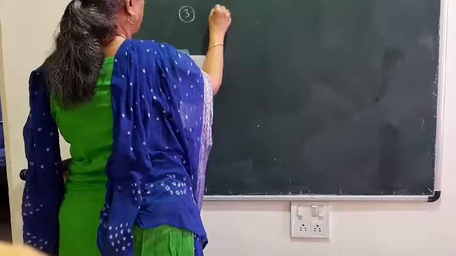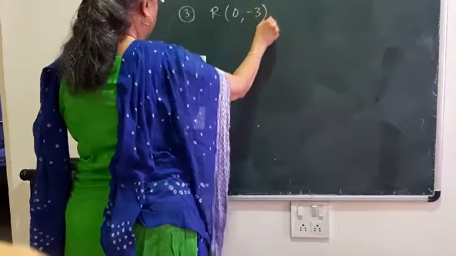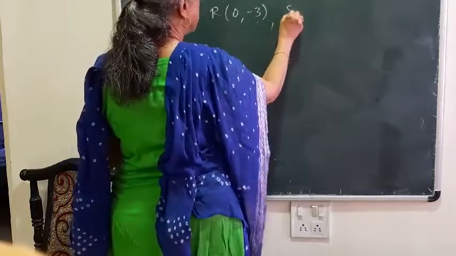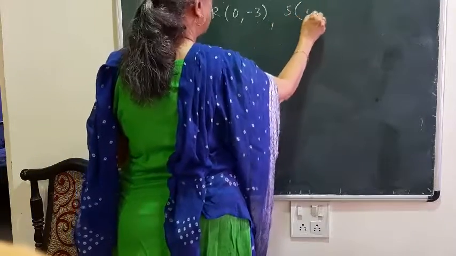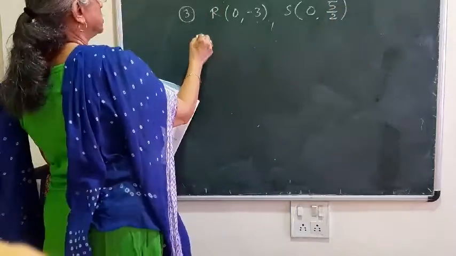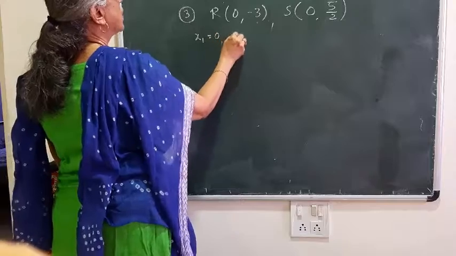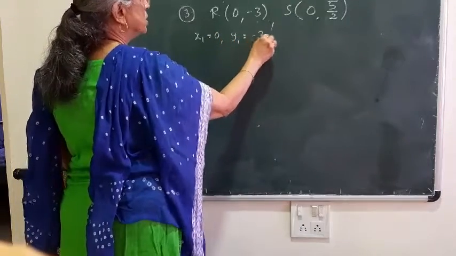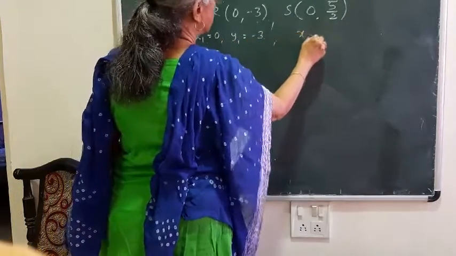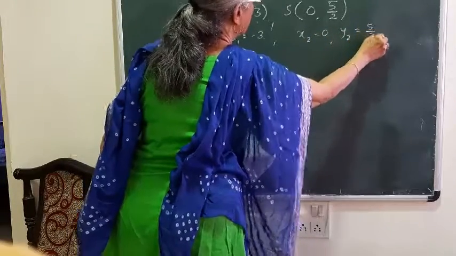They have given the coordinates of R as 0, minus 3, and the coordinates of S as 0, 5 by 2. So first you write x1 equal to 0, y1 equal to minus 3, then x2 equal to 0, y2 equal to 5 by 2.